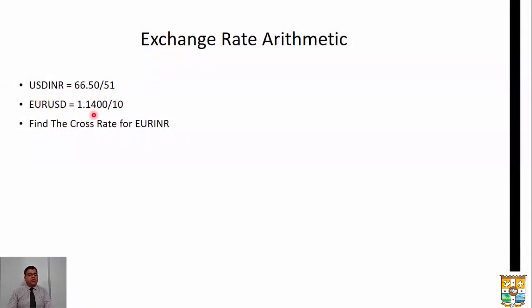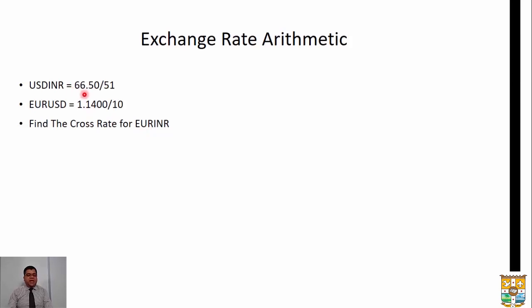The rate for Euro USD is quoting at 1.1400, 1.1410, and we need the cross rate for Euro INR. So direct quotes between the Euro and the INR is not available, but what we have is USD INR and Euro USD. So we need to now find out what the quotation for Euro INR will be.